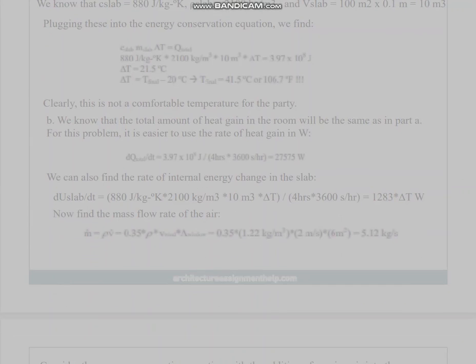We know that c_slab equals 880 J/kgK, ρ_slab equals 2,100 kilograms per cubic meter, and V_slab equals 100 square meters x 0.1 m equals 10 cubic meters. Plugging these into the energy conservation equation, we find the final temperature. Clearly, this is not a comfortable temperature for the party.